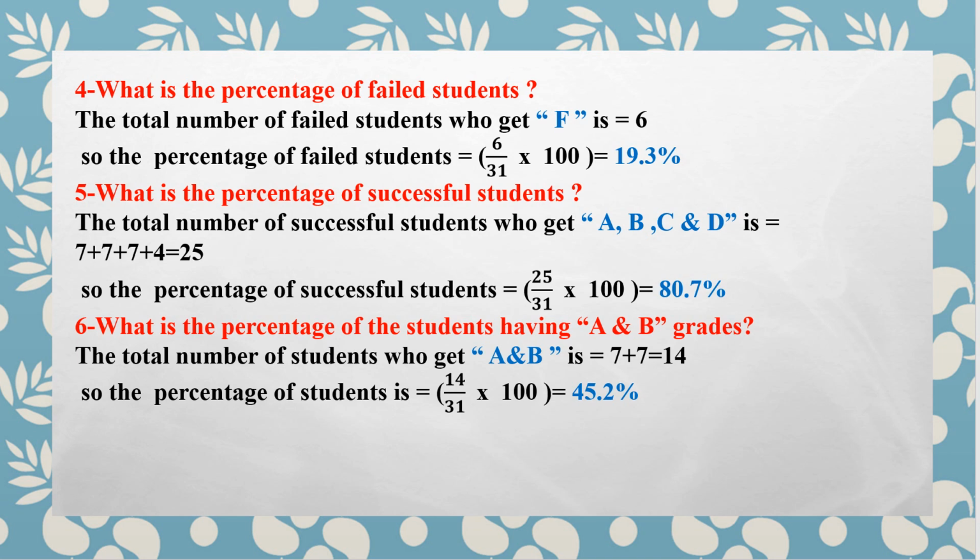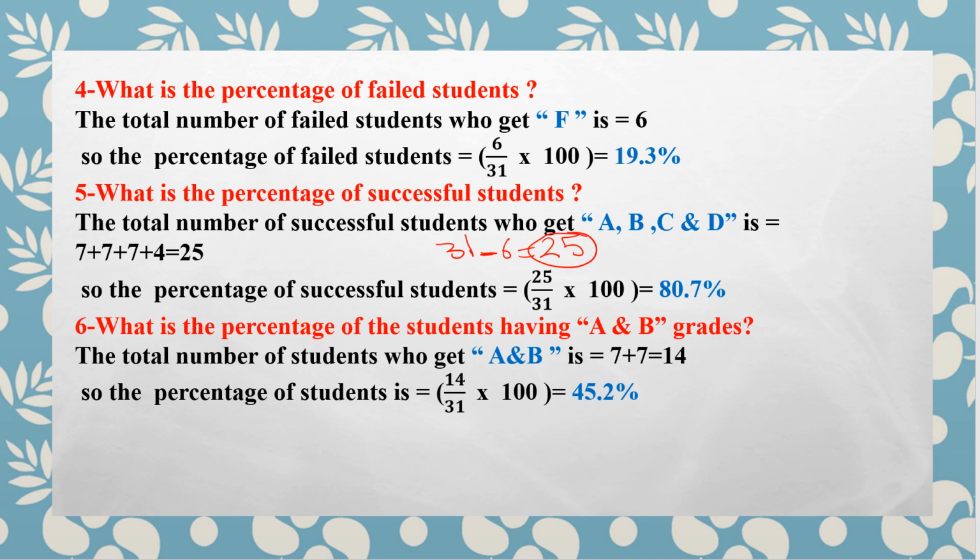Or we can say that the total number of frequencies, which equals 31, minus the frequency for class F, which are the failed students, equals 6, and this gives us 25, the total number of successful students. So this is another way to compute the number of successful students.